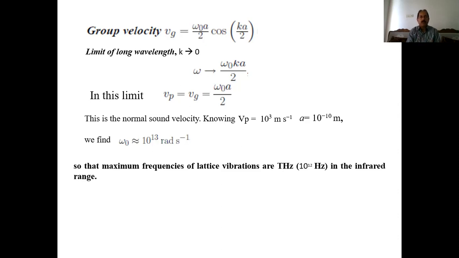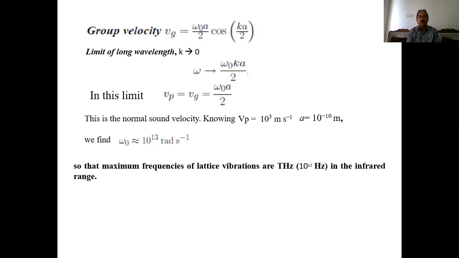This maintains some kind of sinusoidal variation, and we see there that omega, the phonon vibration, is maximum at k equal to pi by a.